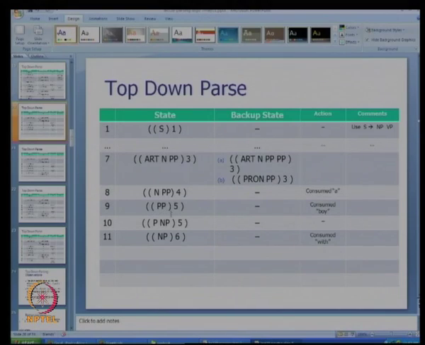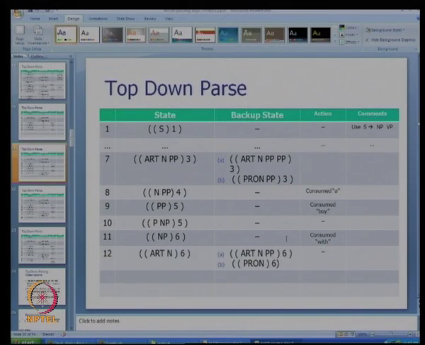Now, PP is exposed, PNP comes in, NP comes in, with is consumed. Similarly, all the NPs are developed, and then finally, telescope is consumed and there is no symbol on the stack. The input data is over and that finishes parsing.